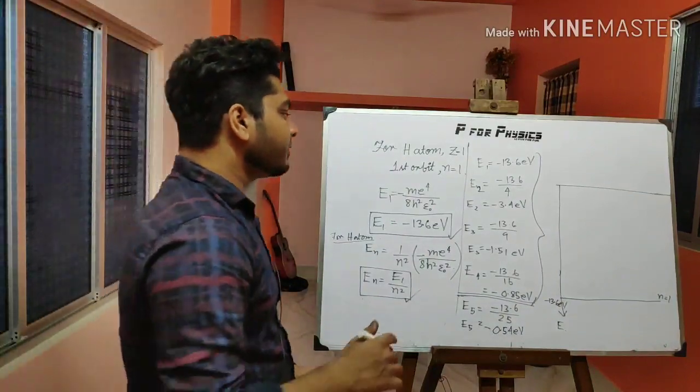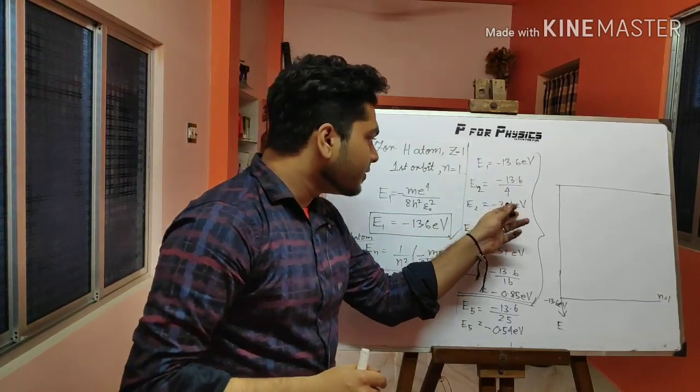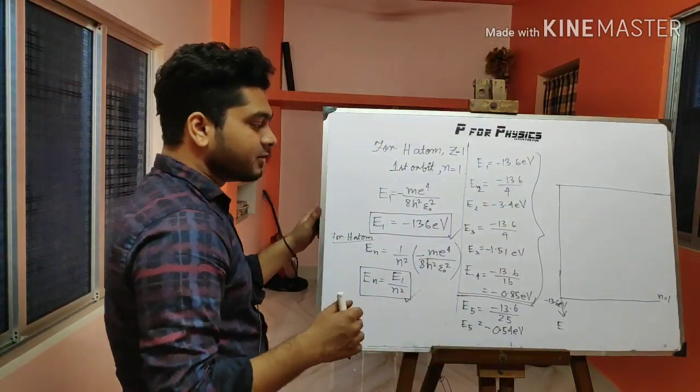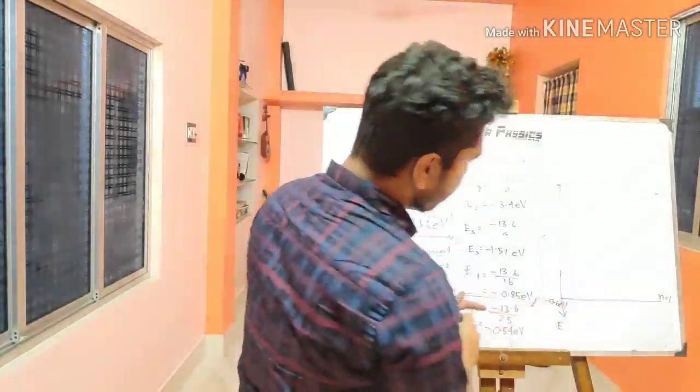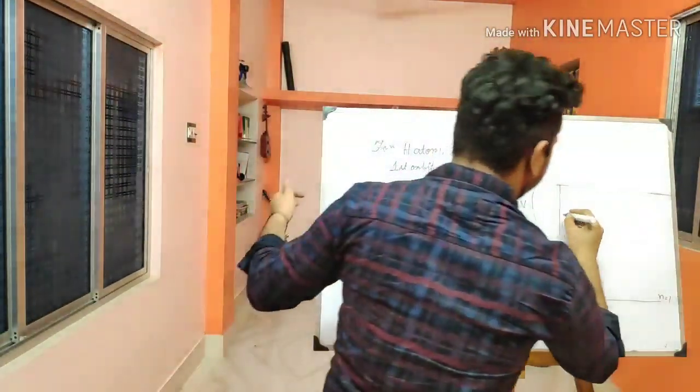Now next one is minus 3.4. How to draw it? We see that this is 1/4 of the first energy level, so let's draw it in some estimated way, this is half, this is 1/4, so it should be here.